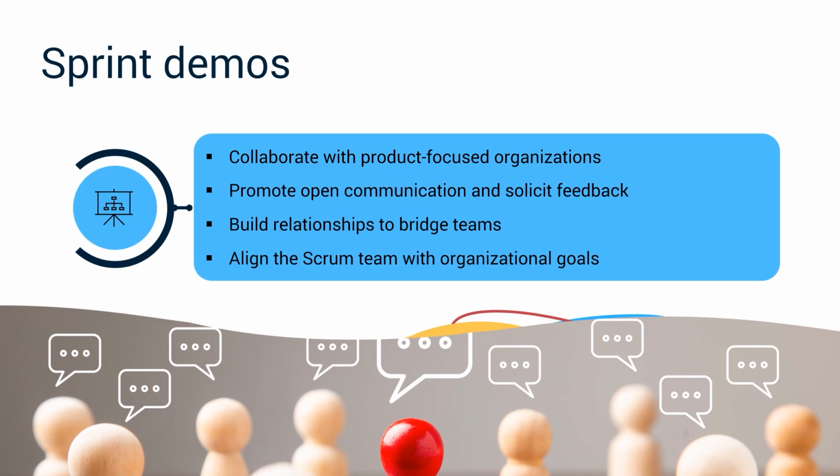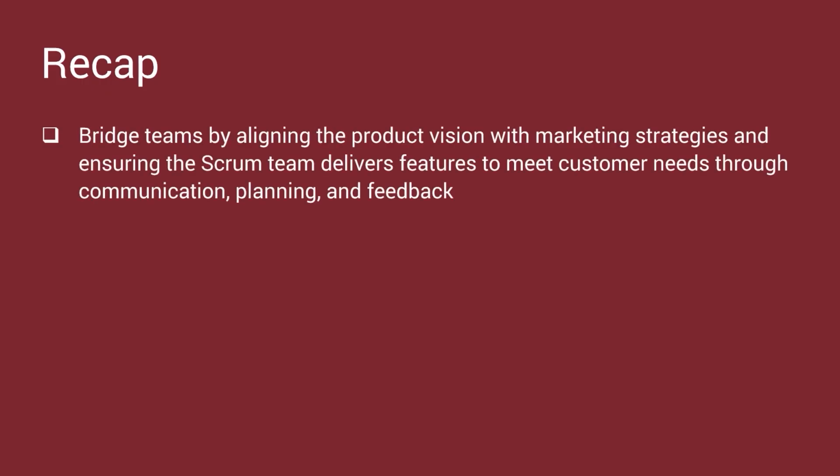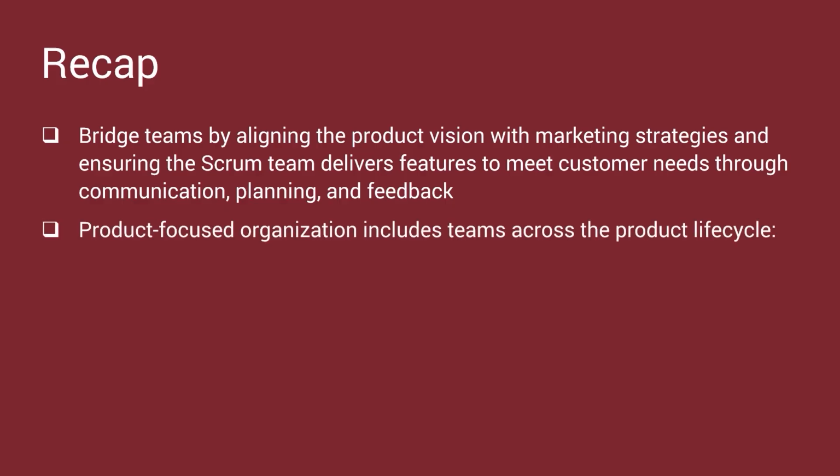In this video, you learned that the product owner bridges teams by aligning the product vision with marketing strategies and ensuring the Scrum team delivers features that meet customer needs through communication, planning, and feedback. Product-focused organizations include teams across the product lifecycle, such as product management, sales, research and development, or R&D, and customer support.